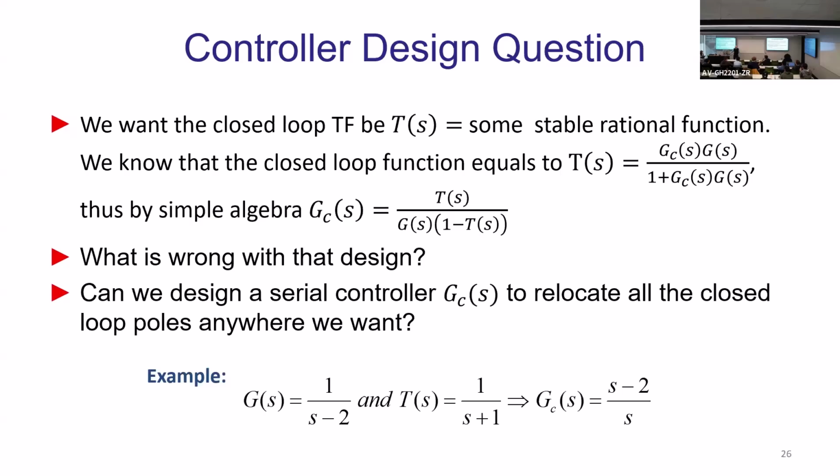So the answer is no, probably. Yeah, so typically that kind of design will cancel different kinds of things and you don't want to cancel them because they will not be canceled precisely and cause all kinds of troubles.